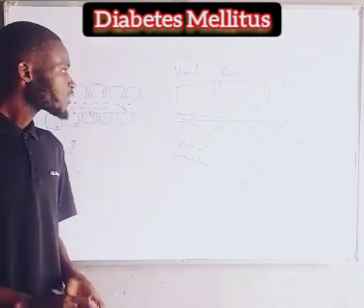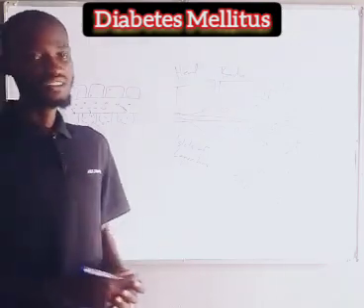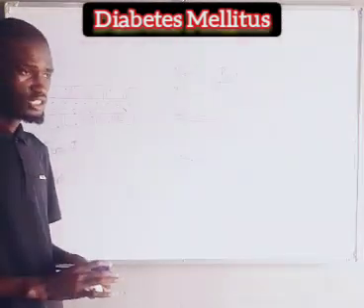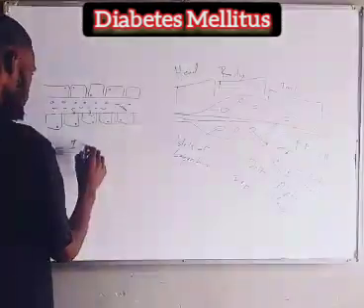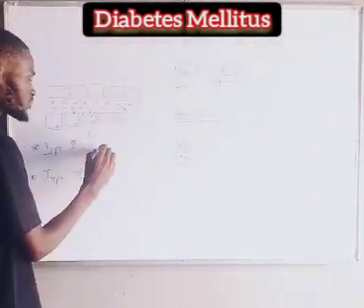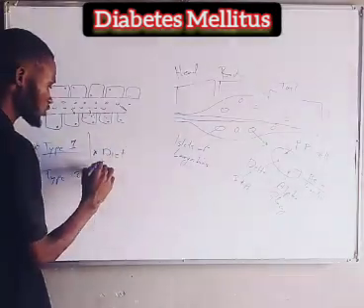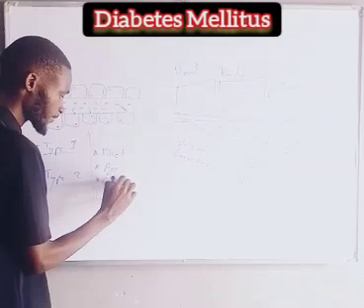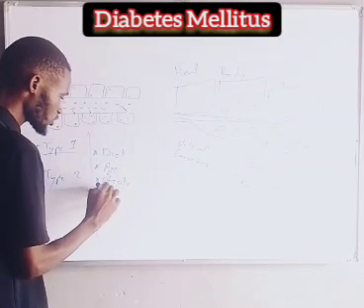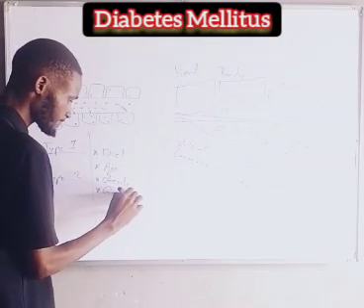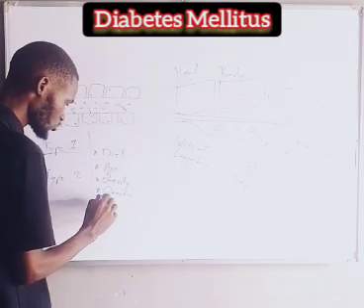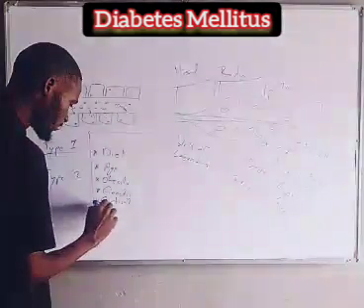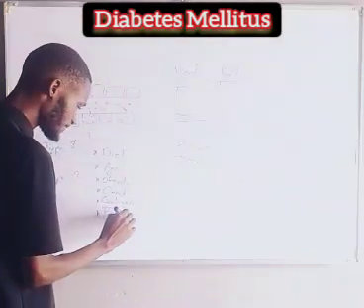Now, what could be the predisposing factors? What can lead a person to develop this condition? We have so many predisposing factors. One of them is diet. We can talk about age, obesity, genetics, cortisol, pancreatitis.